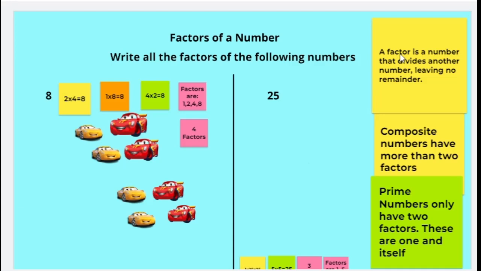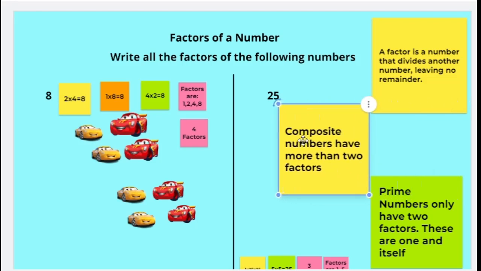A factor is a number that divides another number, leaving no remainder. So we investigate this fact. It leaves no remainder when we divide a number into 8. And the factors of 8 are 1, 2, 4, and 8. And it leaves no remainder. 8 also has 4 factors.